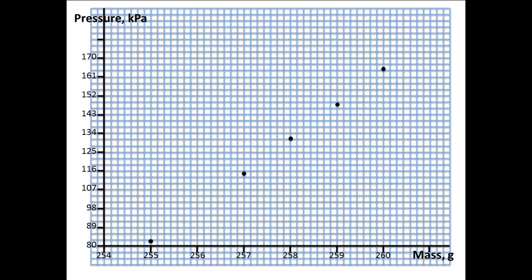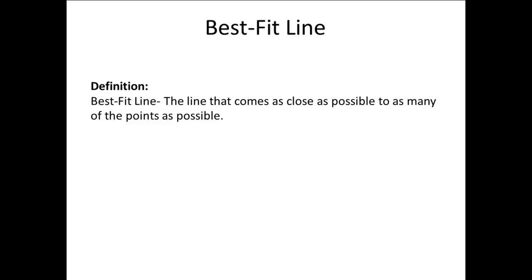The final step is to find what the relationship is between the two variables, mass and pressure. If we look at the data as we have plotted it, it looks like the points are on a straight line. If that is the case, we can draw a best fit line through the data. The best fit line is the line that comes as close as possible to as many of the points as possible.